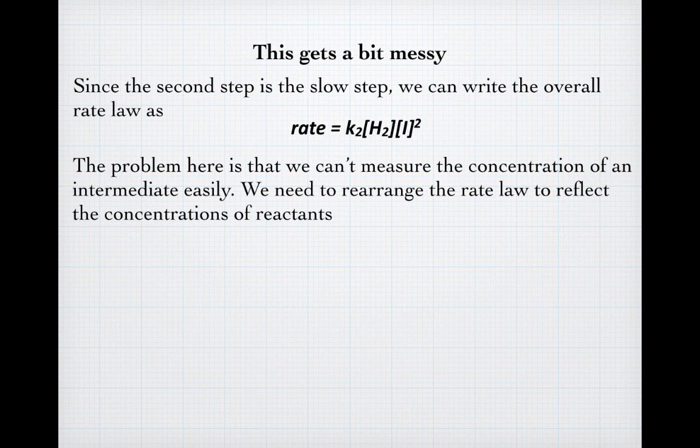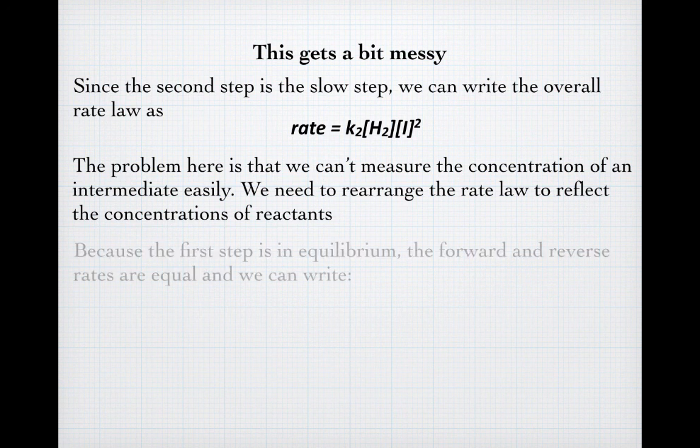So what we want to do anytime we're dealing with a rate law, we want to rearrange our rate law so that we can express it in terms of concentrations of reactants. We never want to have reaction intermediates as part of a rate law because they're very difficult to measure. Now, because that first step is an equilibrium, what we want to do is take a look at these forward and reverse reaction rates.